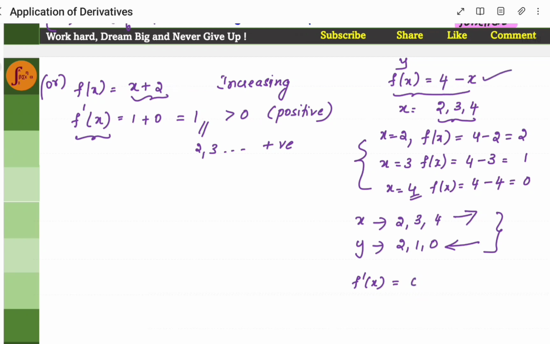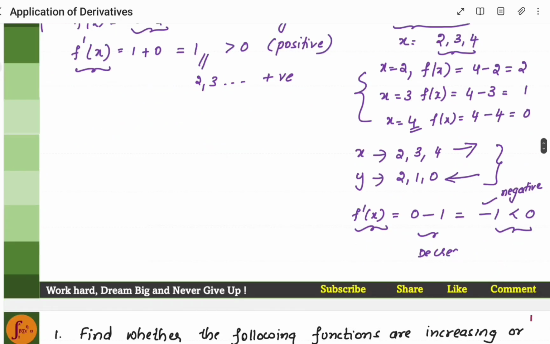Derivative of 4 is 0. Derivative of x is 1. 0 minus 1 is minus 1. So this is nothing but less than 0. So whenever you have the derivative of the function as less than 0, or negative, we call it a decreasing function.